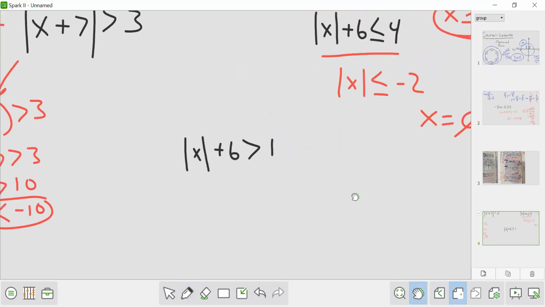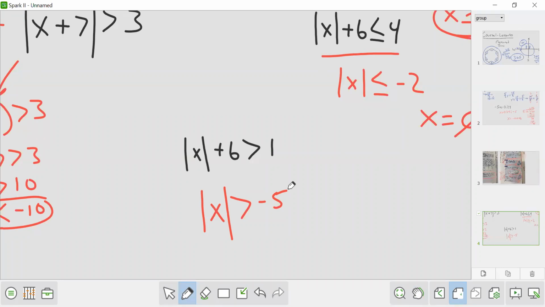That makes sense? There's nothing that x can be. All right? This one is just the opposite. If I continue to do this one the way I would normally, I would get the absolute value of x is greater than, subtract 6 from each side, I get a negative 5. Is there anything x cannot be? Five, or negative 5? That would be the only things, wouldn't it?